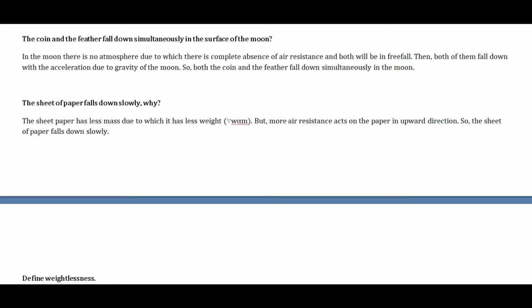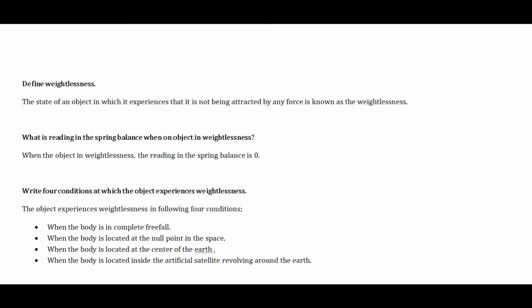So here I have mentioned the answer. The sheet of paper has less mass, due to which it has less weight as well, because of the relation W is proportional to M. But more air resistance acts on the paper in the upward direction, so the sheet of paper falls down slowly.